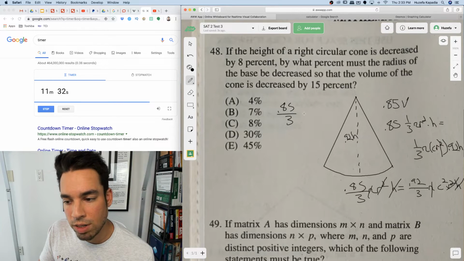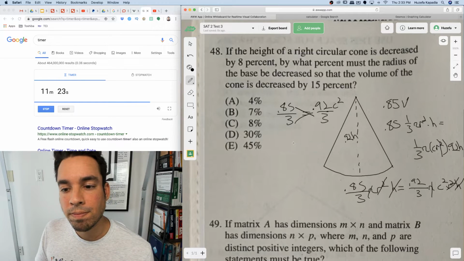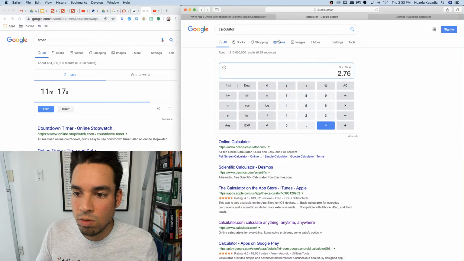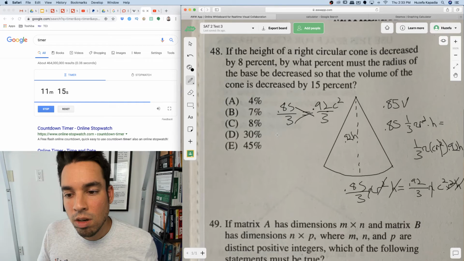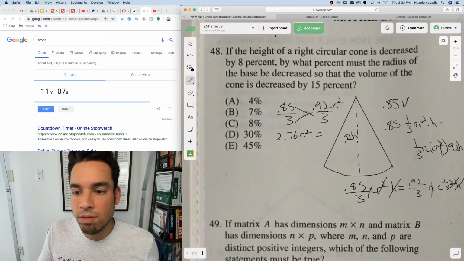So then it's 0.85 over 3 equals 0.92 over 3, and I'll put the c squared on top. And then we cross multiply. 3 times 0.92 is 2.76. So we got 2.76 c squared equals 3 times 0.85, which is 2.55.